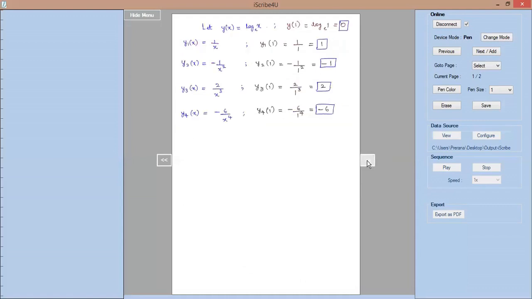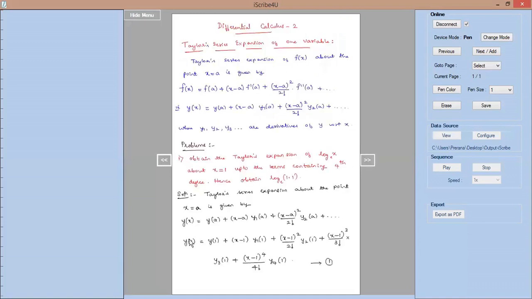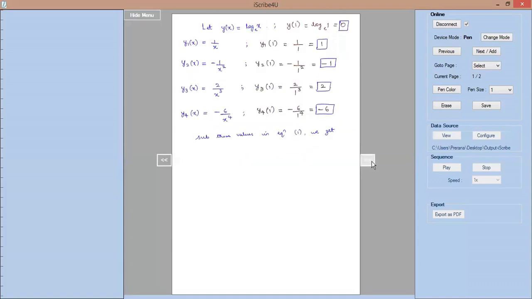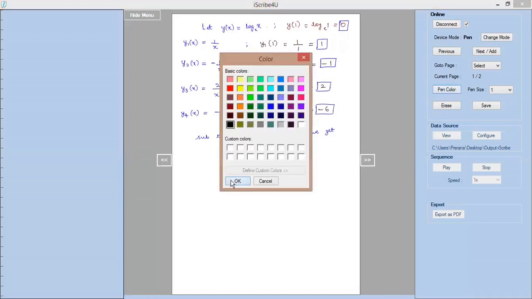So substituting these values in equation 1, we are obtaining y of x as log x to the base e. So let us substitute the left hand side as log x to the base e itself.